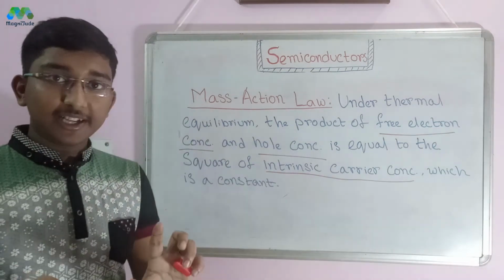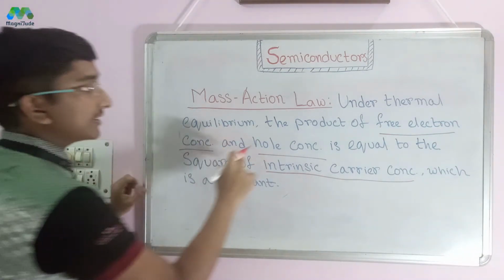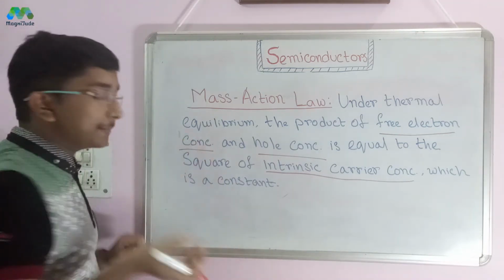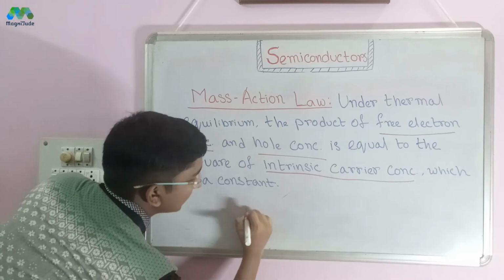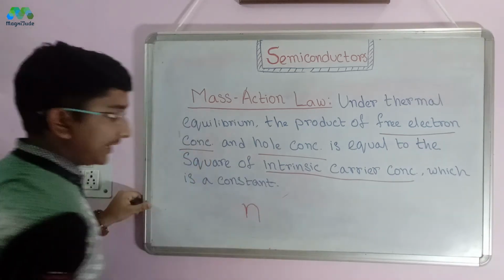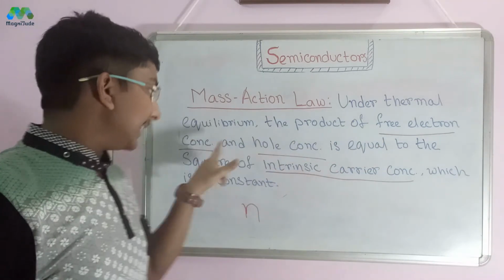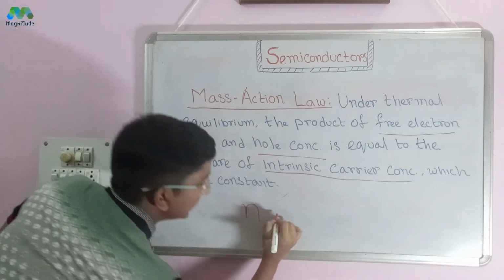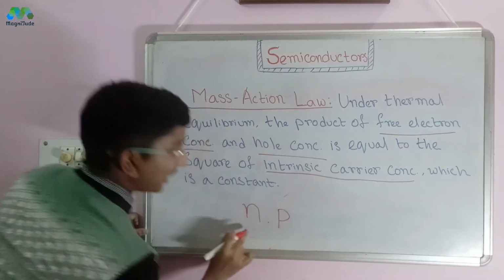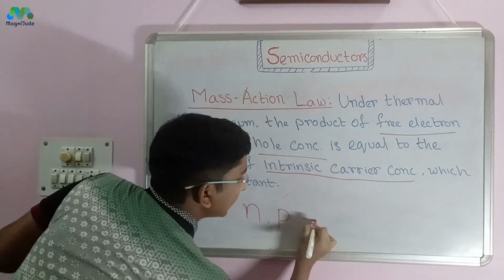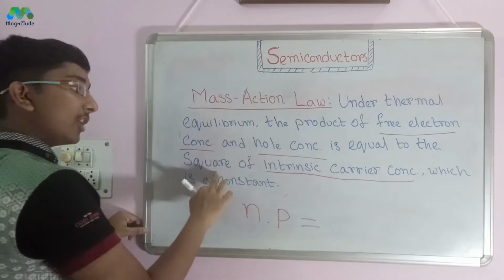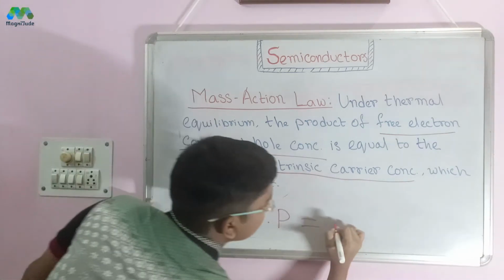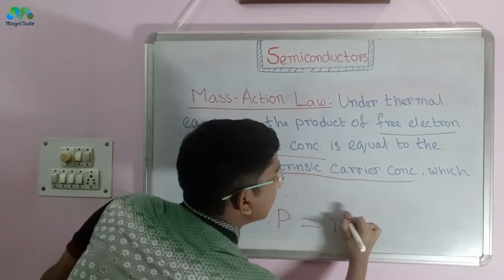Let me write the mathematical form, it will be easier. The free electron concentration we represent as N, and the hole concentration we represent as P. So the product of N and P will be equal to the square of the intrinsic carrier concentration, which is represented by Ni, and it will be squared: N times P equals Ni squared.